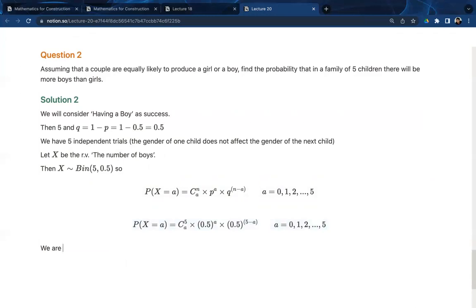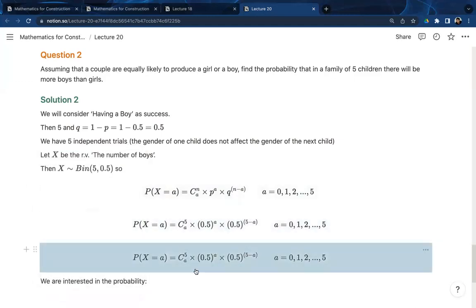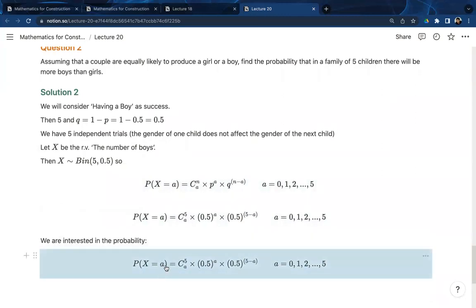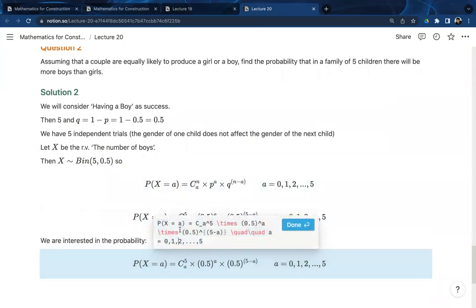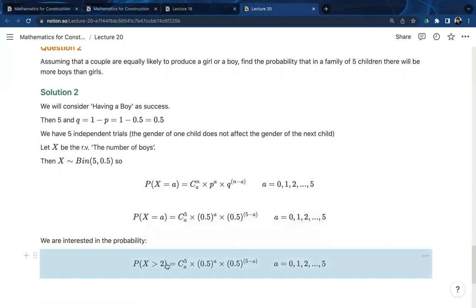So we are interested in, what's the probability you're interested in? The number of boys has to be greater than the number of girls. So we're really interested in X being greater than 2. One is the probability X greater than 2.